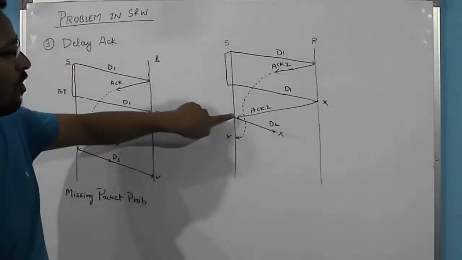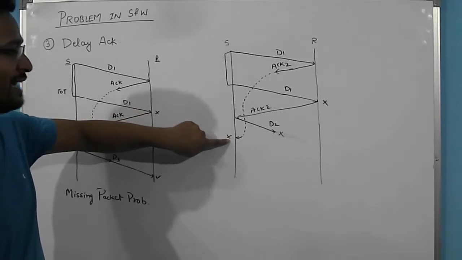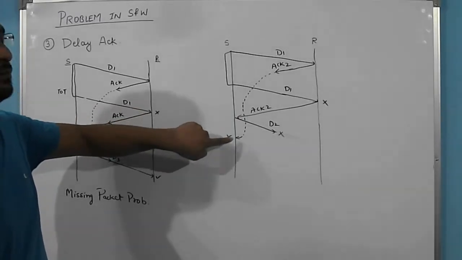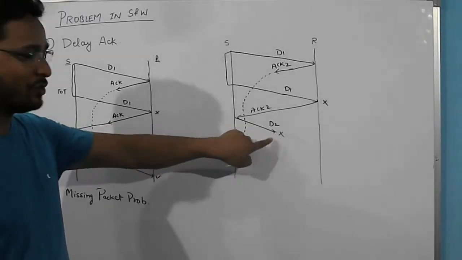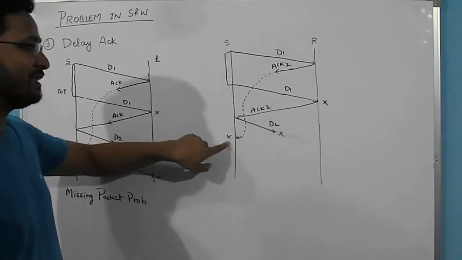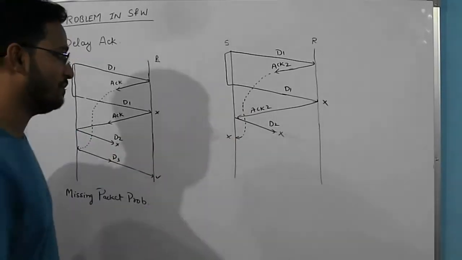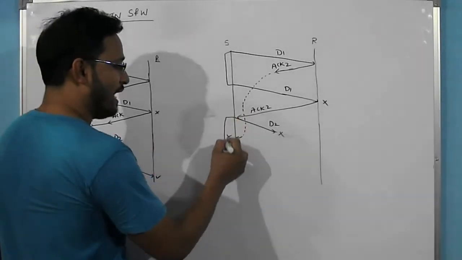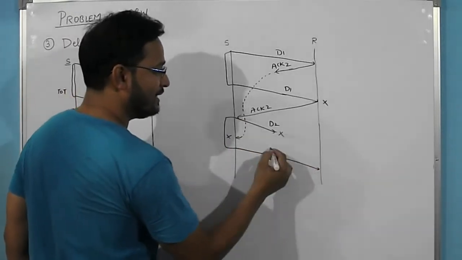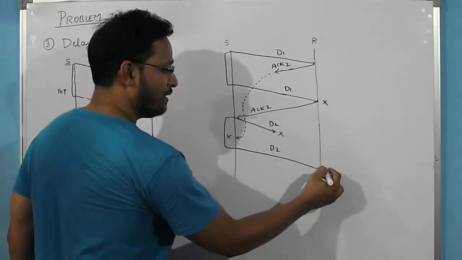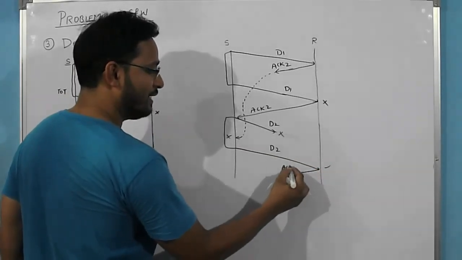Because sender already received acknowledgement number 2, and since sender sent data packet 2, sender expects acknowledgement number 3, but receives acknowledgement number 2. Sender rejects this acknowledgement, and after the timer expires, sender resends data packet 2, receiver receives it, and receiver sends ACK 3.